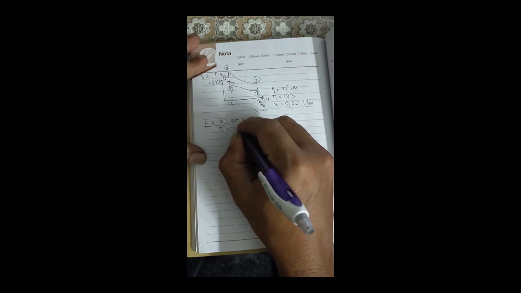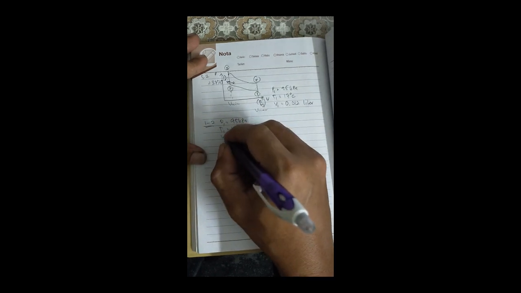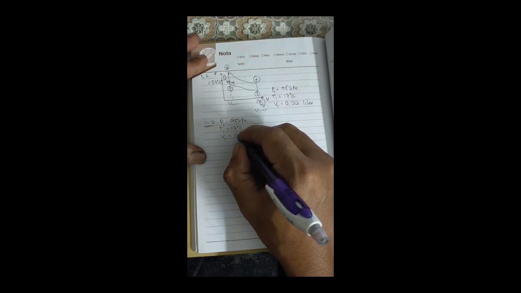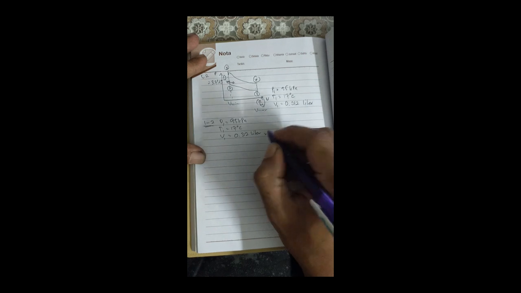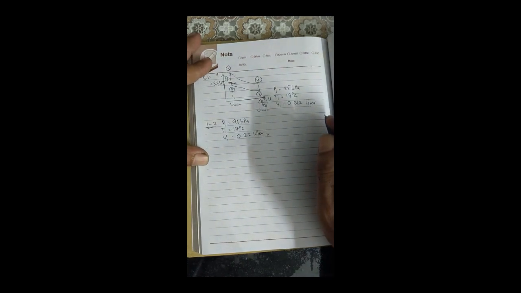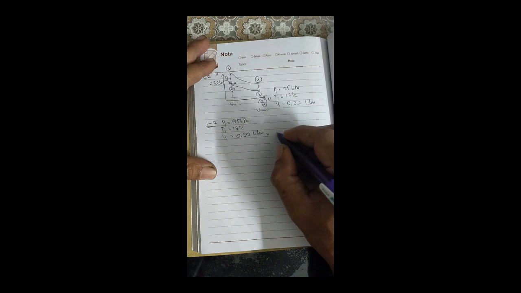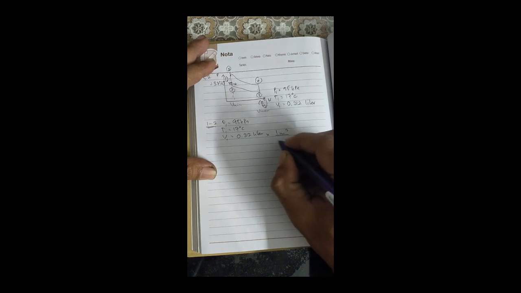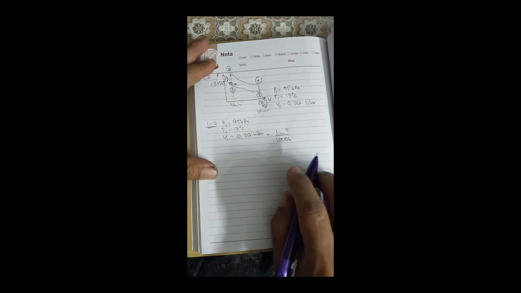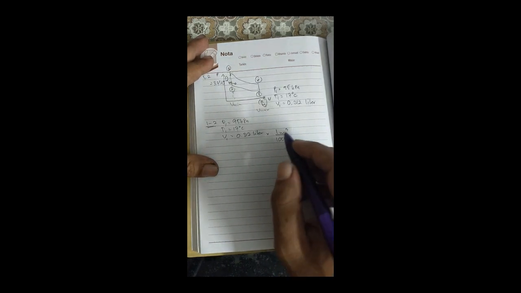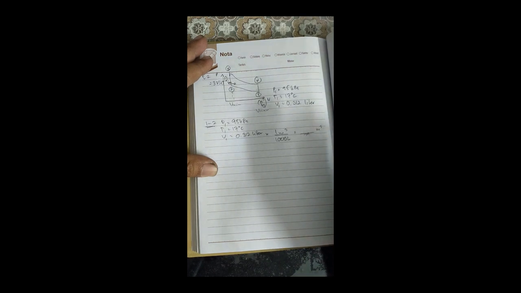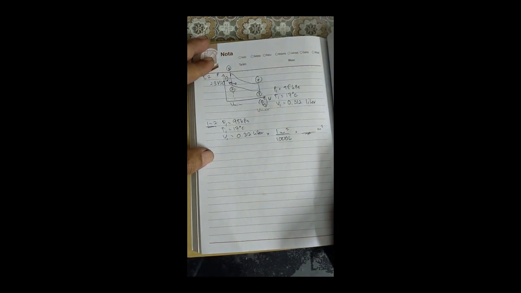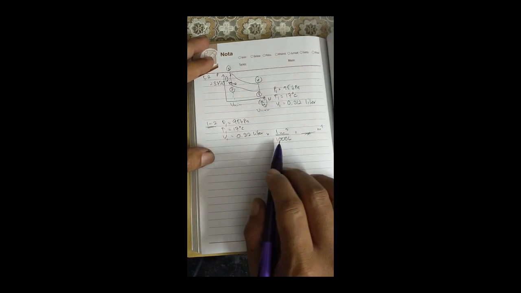T1 is 17 degrees C. V1 is 0.312 liter, so we need to convert into meter cube: 1 meter cube over 1000 liter. If the mass in kg is given, we can determine the meter cube per kg.